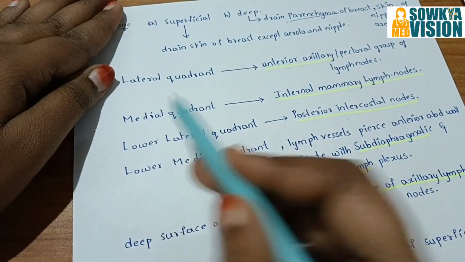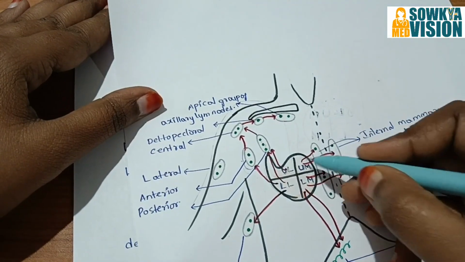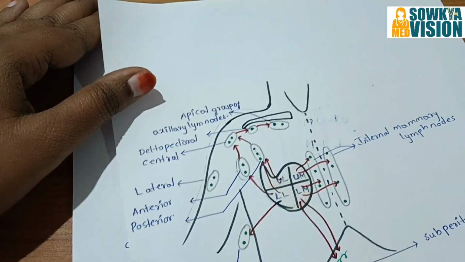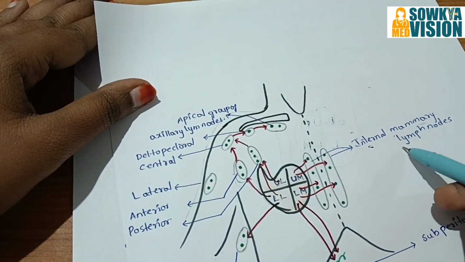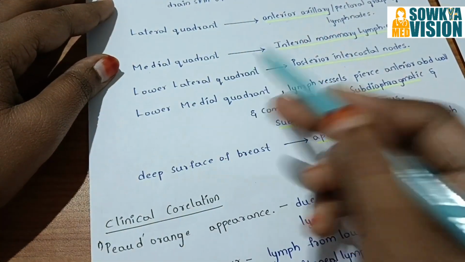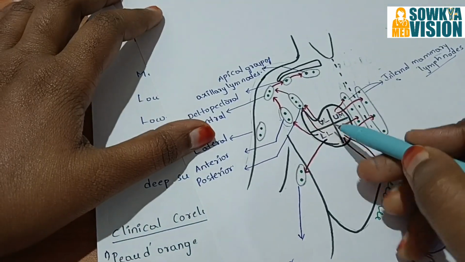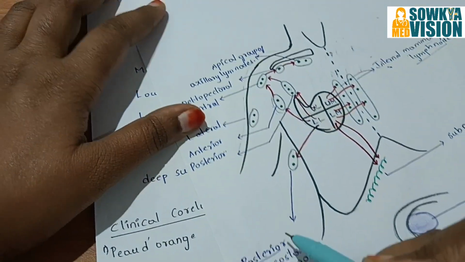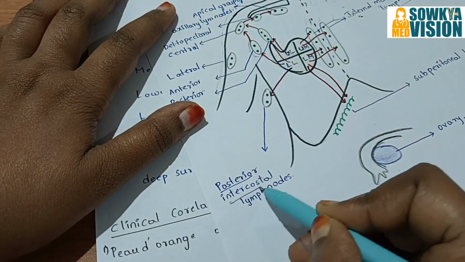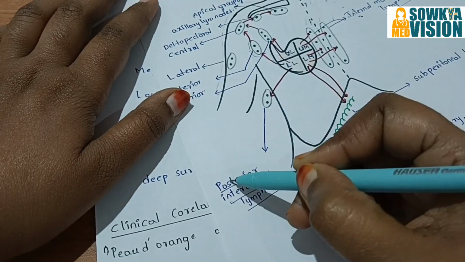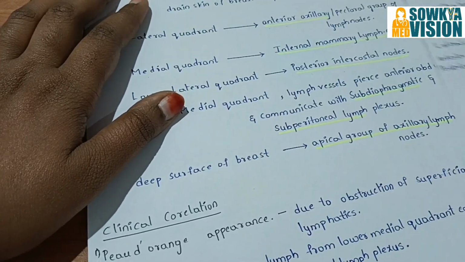Now the medial quadrants. The medial quadrants are drained into internal mammary lymph nodes. Now the lower lateral quadrant is drained into posterior intercostal lymph nodes.